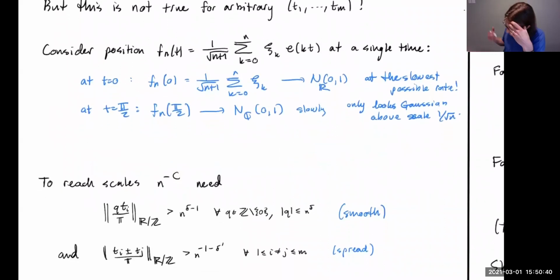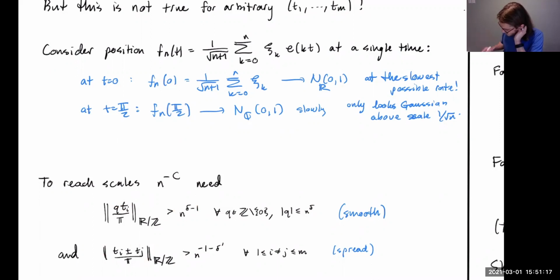To reach arbitrarily small scales, to get really good comparison with the Gaussian and have this measure still look very smooth, here's the smoothness assumption. This just says that the point t_i is not close to a rational with denominator of order n to the delta for some small delta. As long as you avoid those by this distance, then these points will be okay. And then we also need them to be spread out.